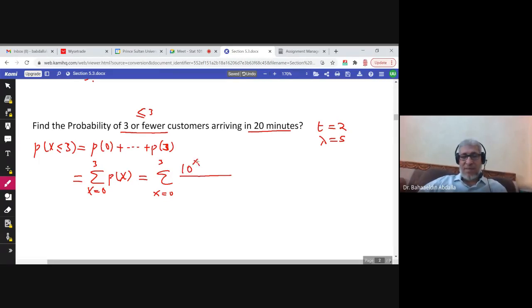X here is changing, so we just write x, times e to the power negative 10, over x factorial. You put it in the calculator, with multiplying and parentheses. You just put it like this in the calculator and you will get the answer. It would be 0.01.